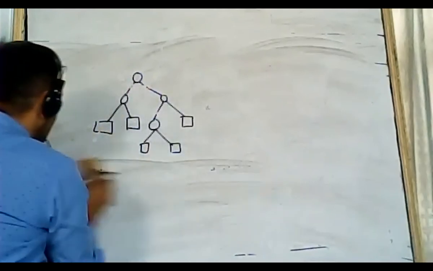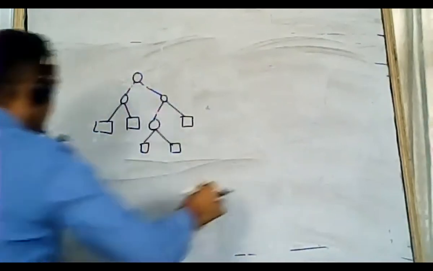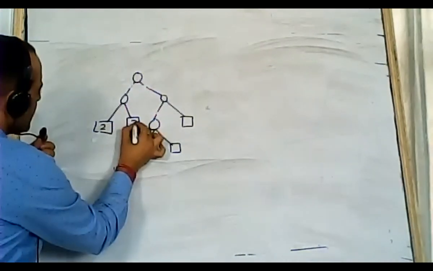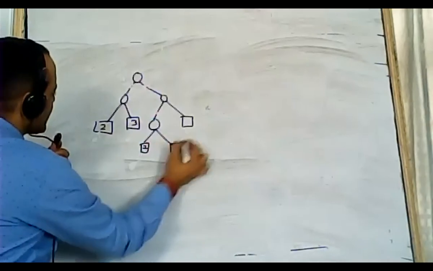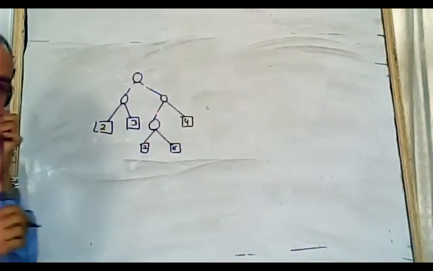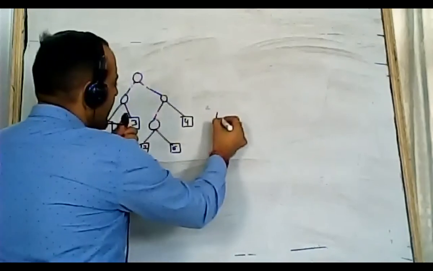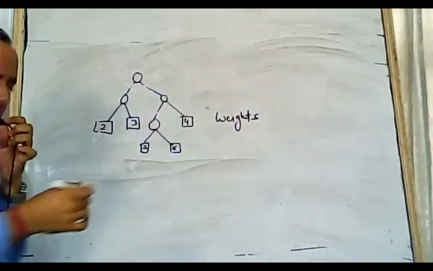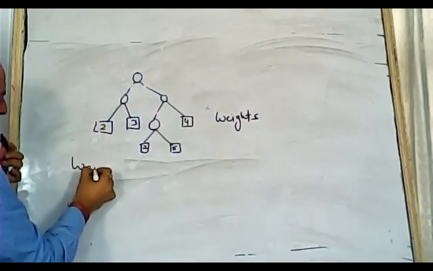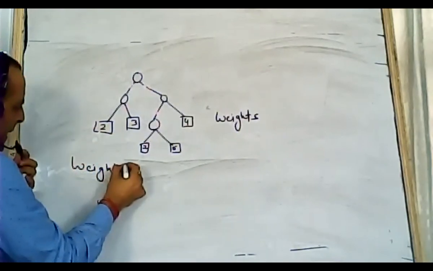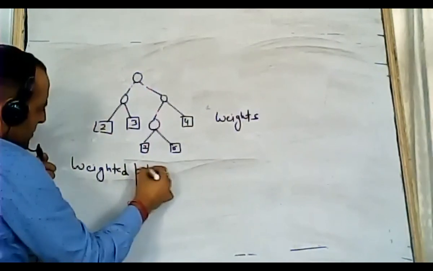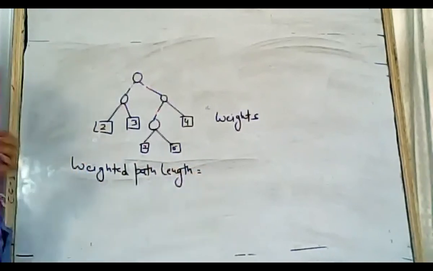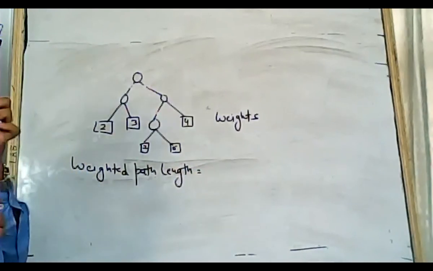Now, imagine these external nodes have some values: 2, 3, 2, 6, 4. These values are called weights. And now I need to find out the weighted path length.